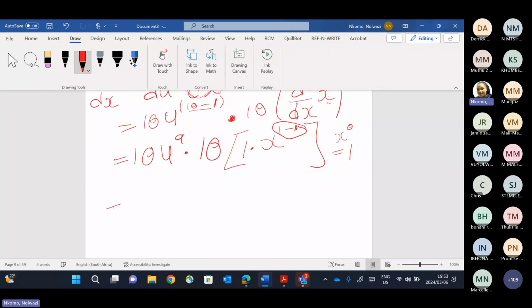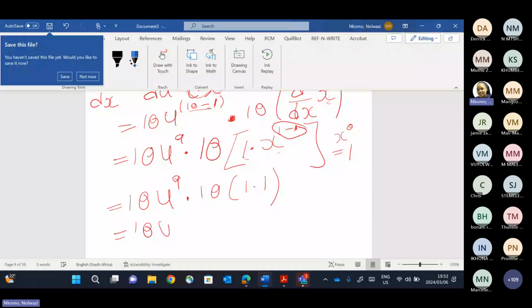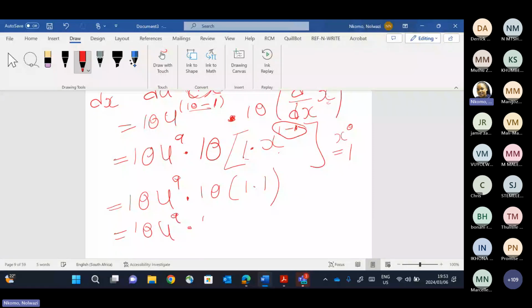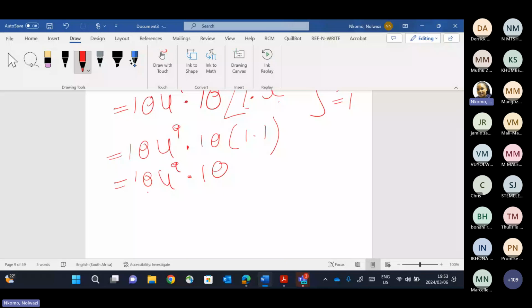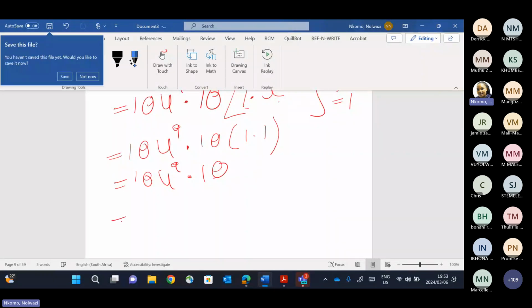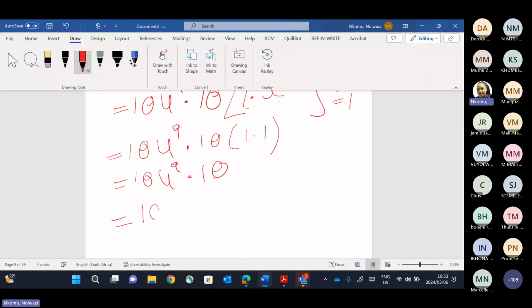So this means here we'll have 10u to the power 9 times 1 times 1, which is 1. So we have 10u to the power 9 times 10, right? Okay, then we can simplify from here. 10 times 10 is 100. So we have 100u to the power 9.